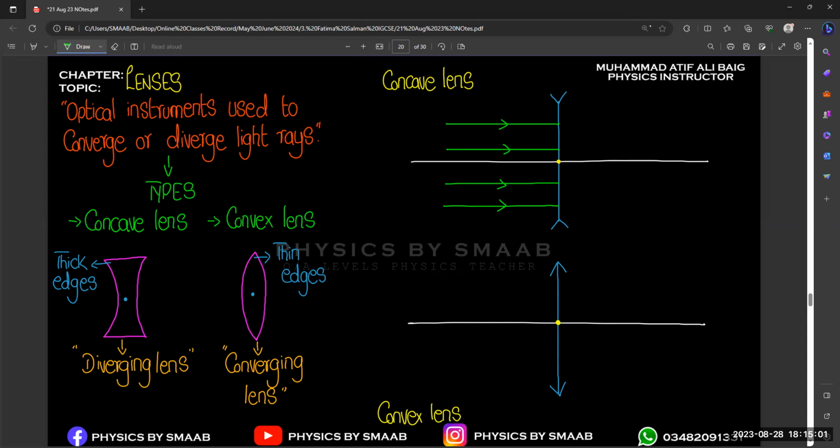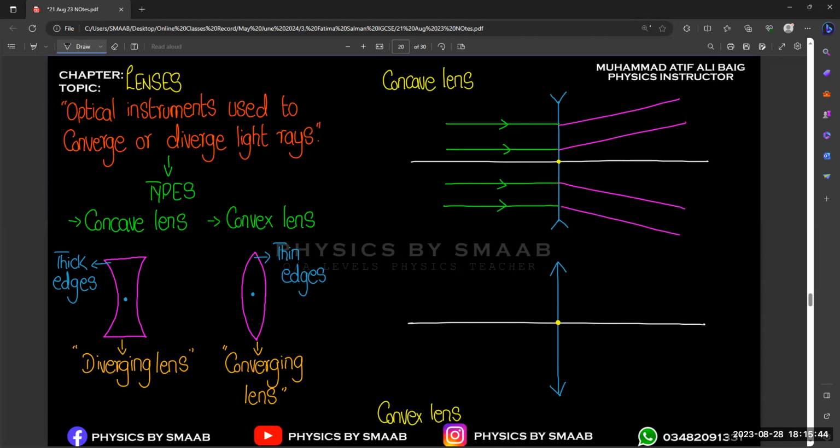And what happens to these rays after passing through the concave lens? Their final direction will be diverging. It means moving away from the center, like this. You can see that all light rays are going to move away from each other.